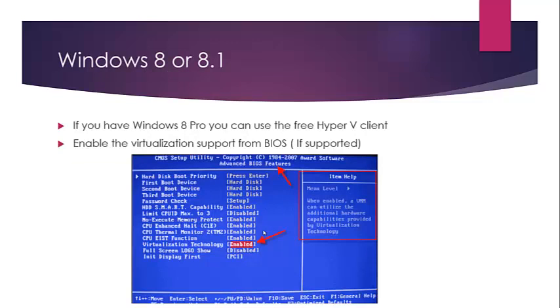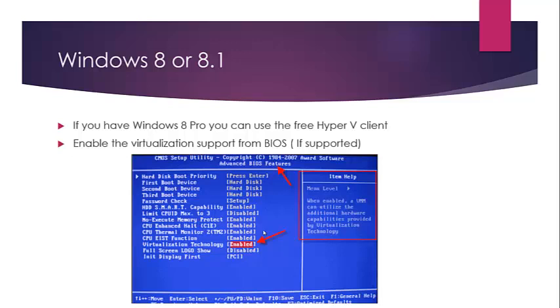Alright, step number 1. Let's assume you have a Windows 8 or Windows 8.1 PC, even if not, a Windows 7 PC. Please make sure, before you do anything, go to BIOS settings and enable the virtualization technology. If it's already enabled, no problem. If not, make sure you press Escape or F2 or F12.